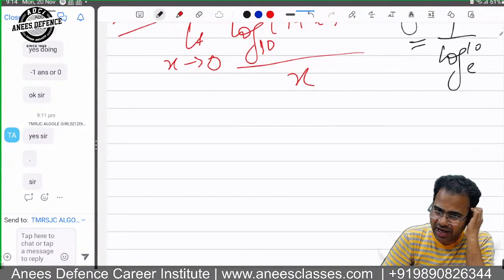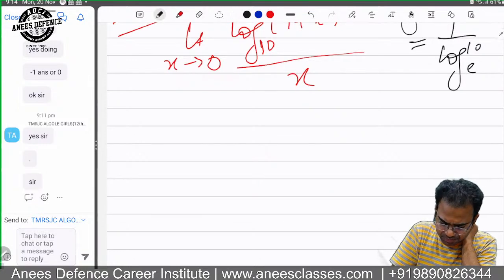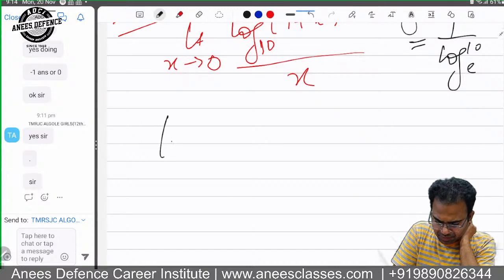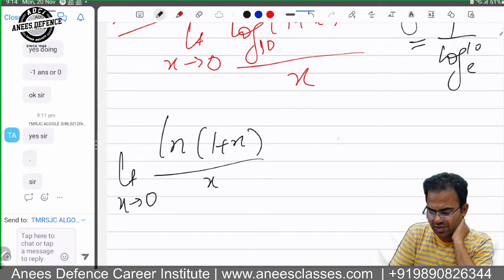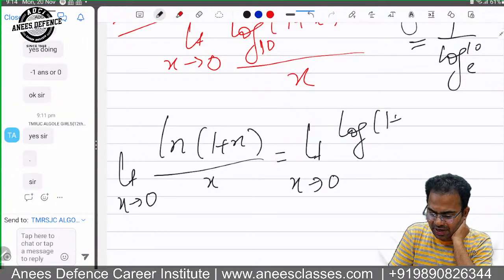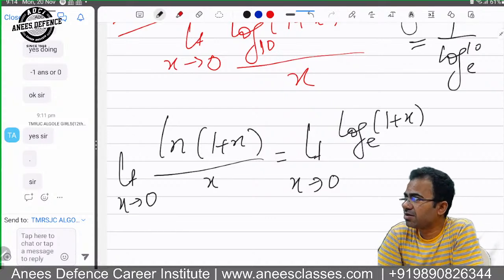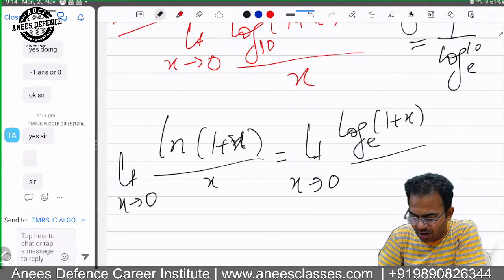Okay, those who give the answer 1, I know you will do it wrong. Now I'm going to give the clue. ln(1 plus x) upon x, limit x tends to 0. That means limit x tends to 0, log 1 plus x, but here the base will be e. ln means base e, I repeat, ln means base e, upon x.